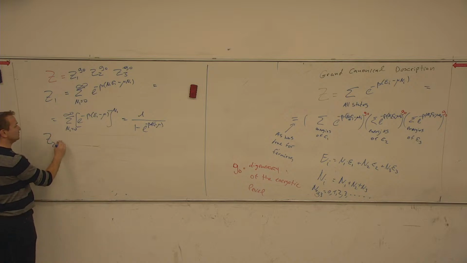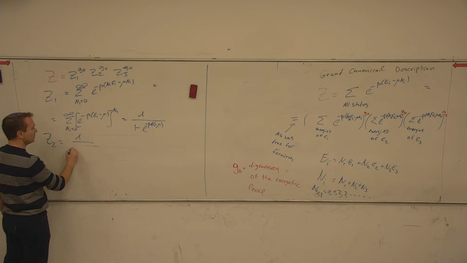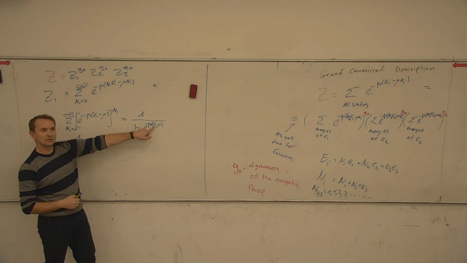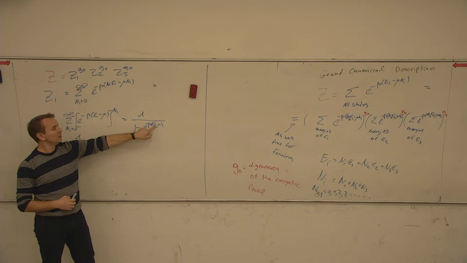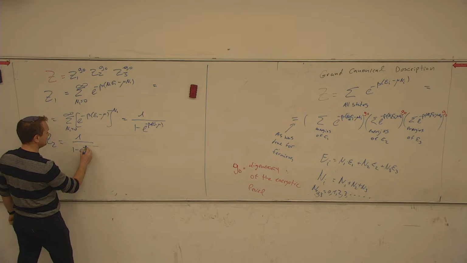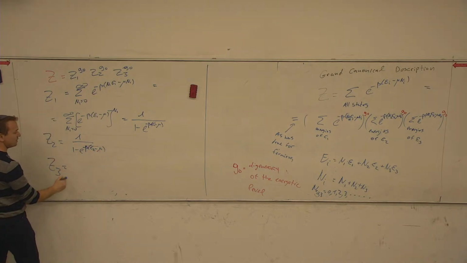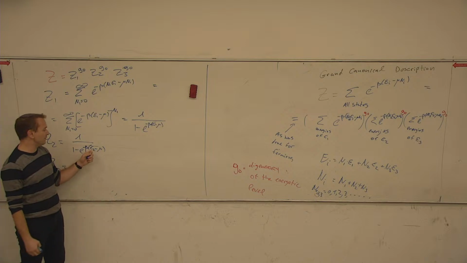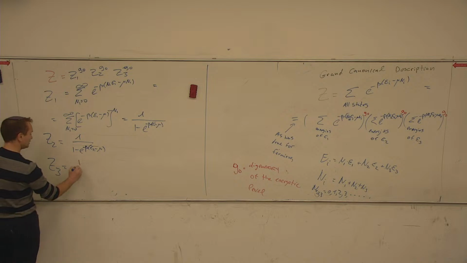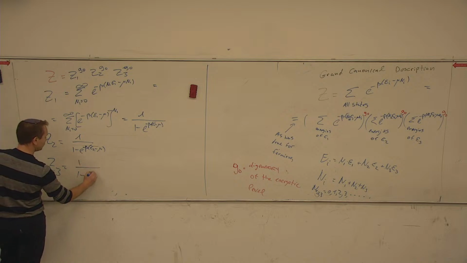I do the same for z2, and I will obtain 1 over 1 minus e to the power minus beta epsilon 2 minus mu. The only difference between z1 and z2 is the level of the energetic state. I do the same for z3, and the only thing that matters is the value of the energy for this specific level. It's going to be 1 over 1 minus e to the power minus beta epsilon 3 minus mu.